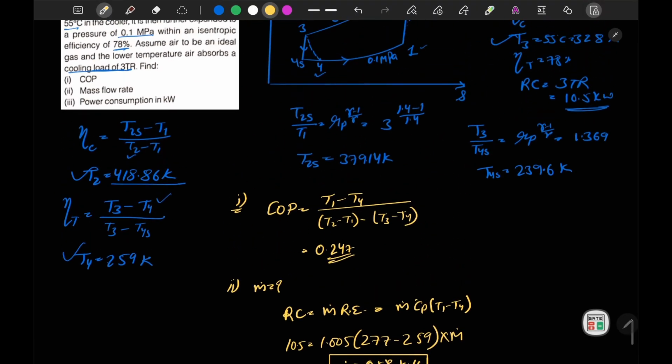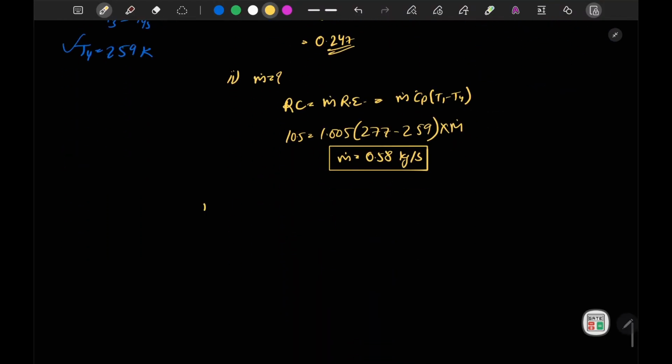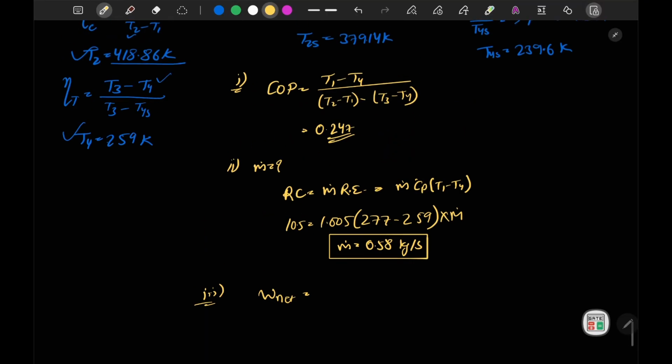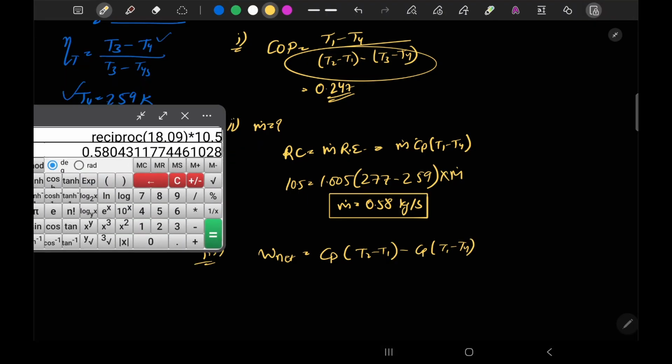Okay, now the third part asks what is the power consumption. So for power consumption, we have to calculate work net. This denominator value is our net work. So we can calculate Cp times T2 minus T1 minus Cp times T1 minus T4.